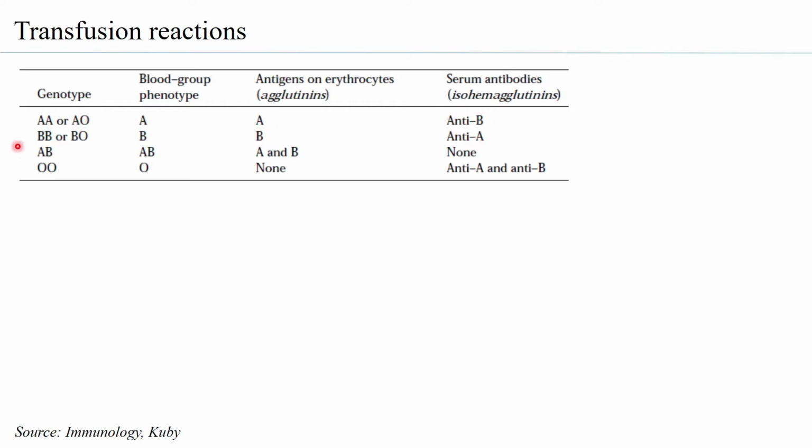Now, same goes for the blood group B. If they have the blood group B, then their antigen will be B and their isohemagglutinin will be anti-A. For those who have a blood group A and B, since they have both the antigens present, they would not form an antibody against any of these because this is considered to be self for the AB blood group.